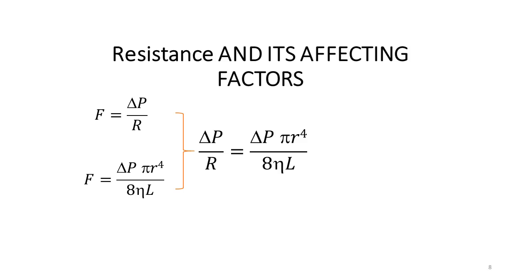By solving it, we can find R, or resistance. So R is equal to 8 eta L over pi R^4. So we know what factors have a direct effect on R and what factors have a reverse effect on R.